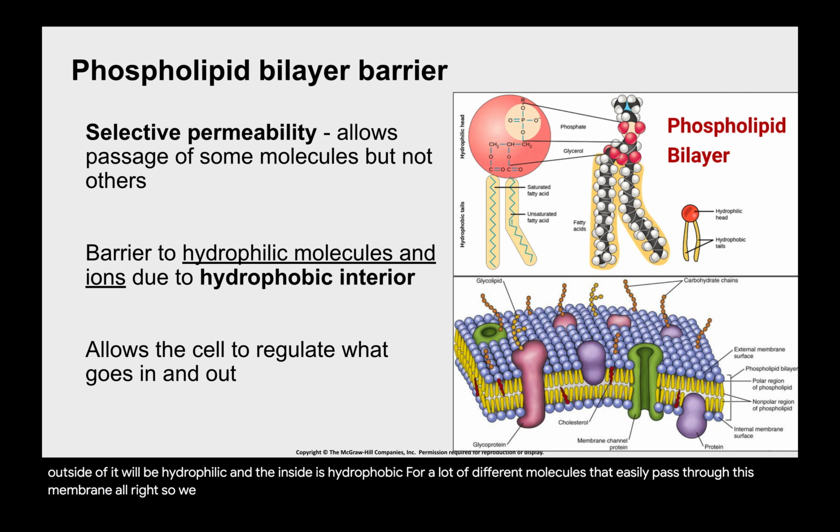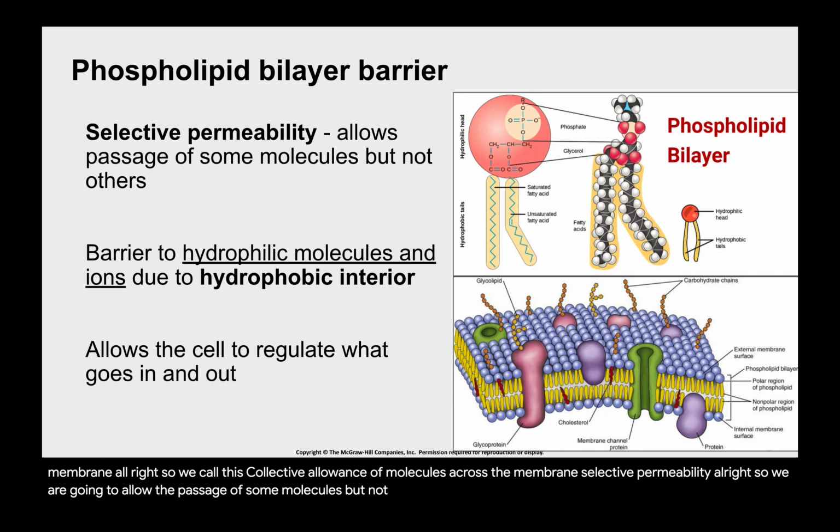So we call this selective allowance of molecules across the membrane a selective permeability. We are going to allow the passage of some molecules, but not others. And we will see examples of this as we continue here.